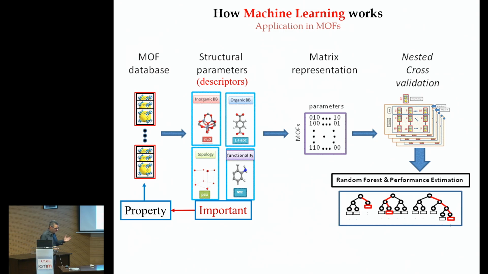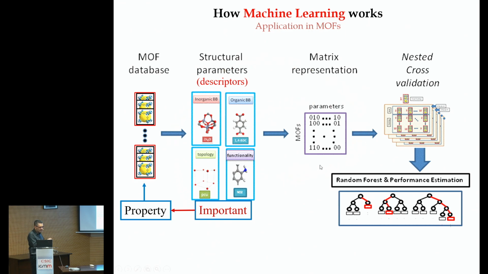So how does this work schematically in MOFs, in materials? We have a database of MOFs. We need data, and a property that we are interested in, for example hydrogen storage or CO2 storage. Then we have to identify several important parameters for this property, for example the building blocks, the organic, the inorganic, the topology, the functionality.